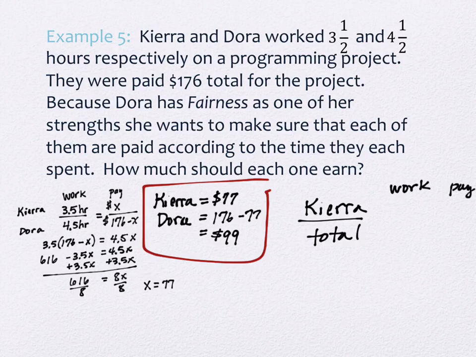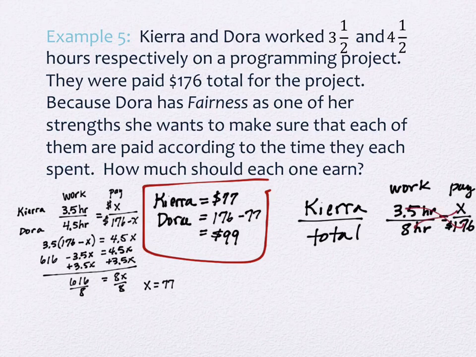But instead, Kierra worked 3.5 hours. And the total that both of these young ladies worked is the 8 hours. Right? And then I don't know what her pay is, but the total pay was $176. So it's more awkward in the sense of thinking Kierra compared to a total, but the mathematics is a lot cleaner than the other one.